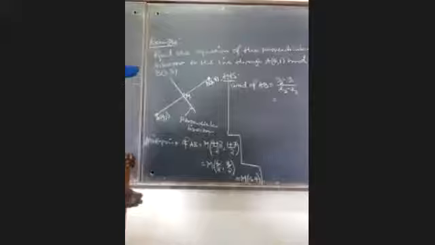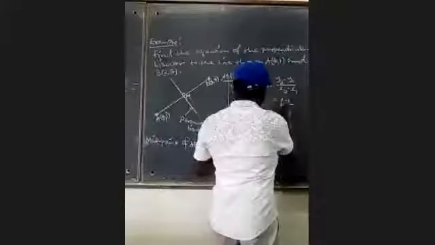So do the substitution. 6 divided by -2, which will be -3. Now that is the M1. The gradient of this one, M1, is equal to -3. Is that okay?